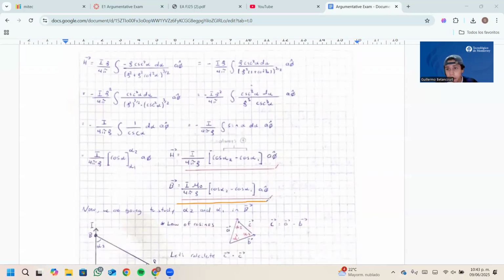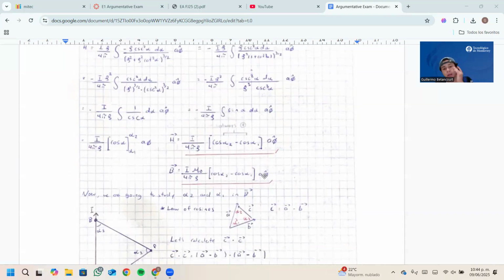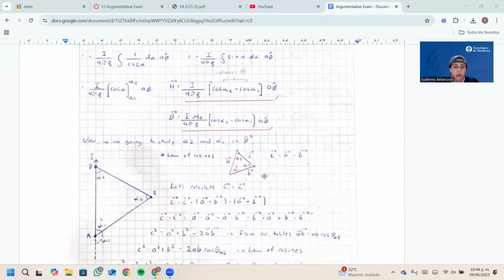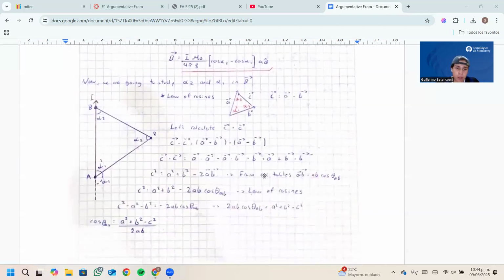But we have a cos of alpha 2 minus cos of alpha 1. So now we are going to get these two things. We're going to study alpha 2 and alpha 1 in the magnetic field. For this, we're going to use the law of cosines.